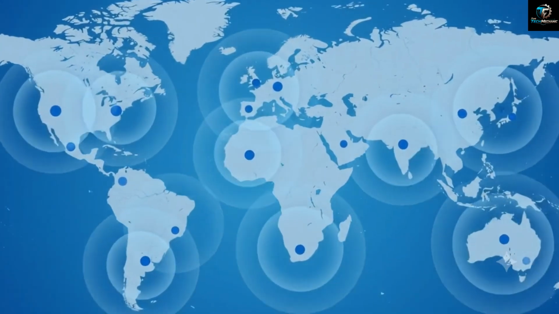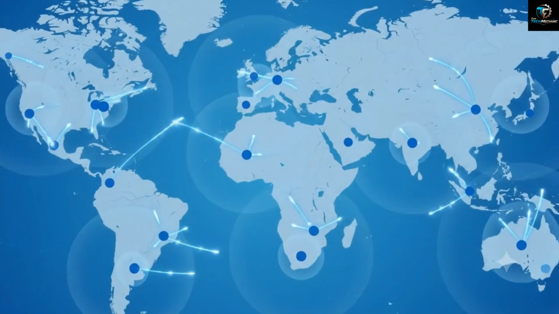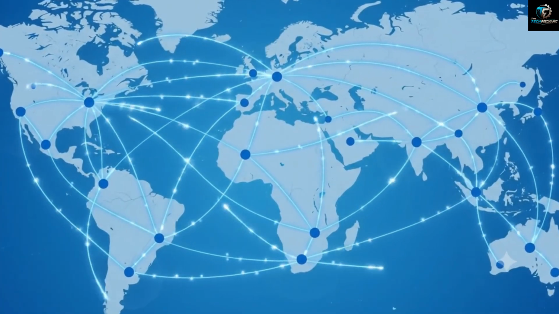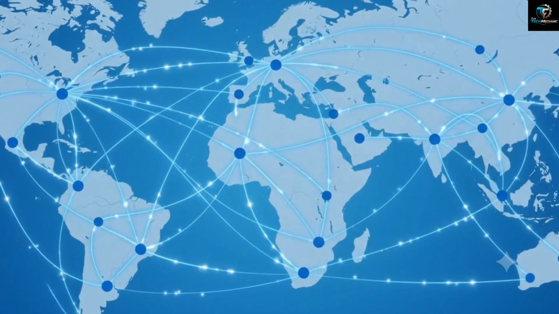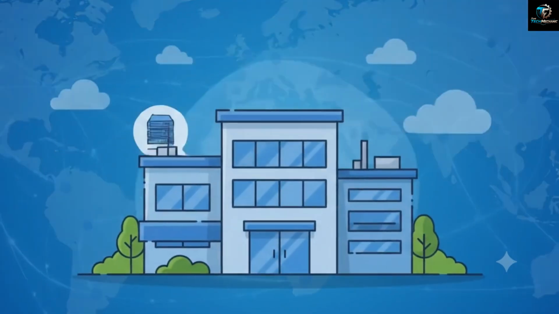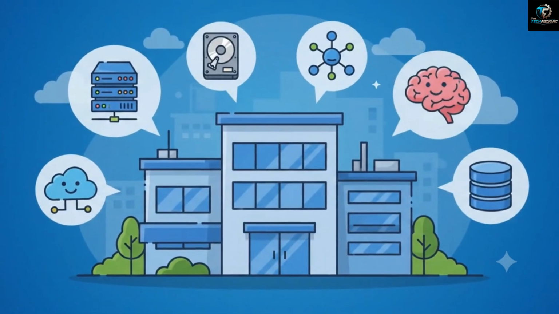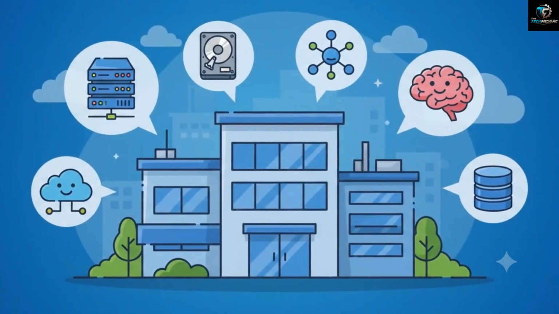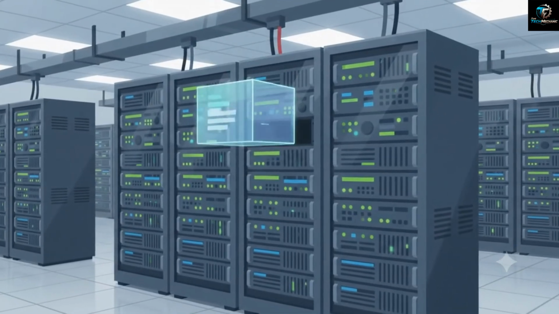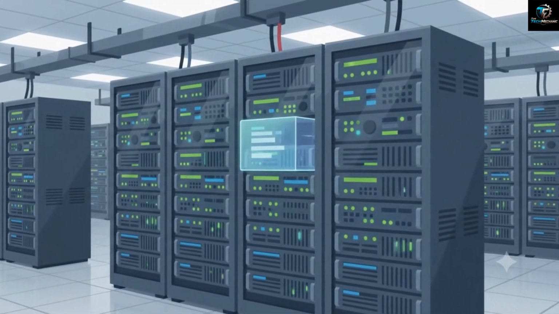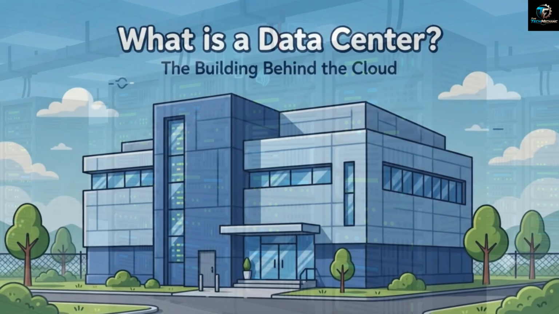Azure isn't a single location. It's a global network of data centers connected by Microsoft's high-speed private backbone. These facilities provide computing, storage, networking, AI, databases, and many other cloud services. When you deploy an application to Azure, it runs inside one of these physical data centers.